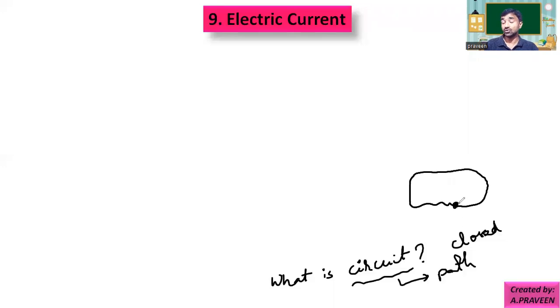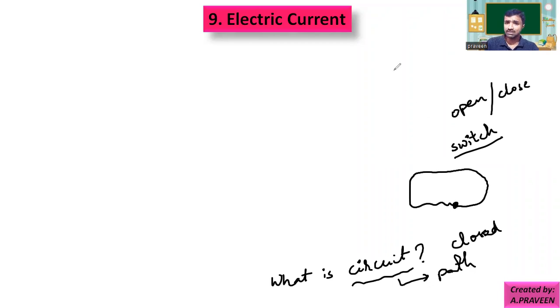To make it closed or open, you use a component that we call a switch. A switch is a device which can open the circuit or close the circuit.